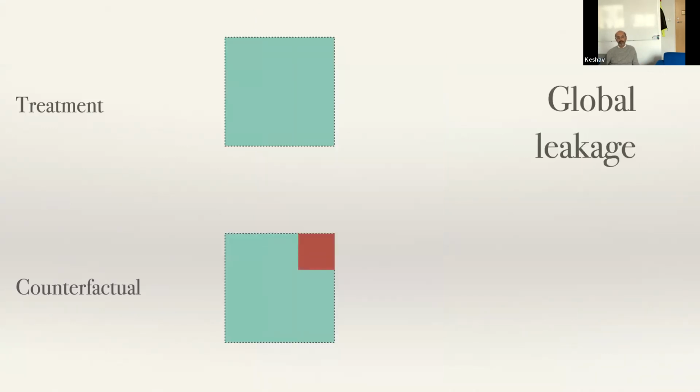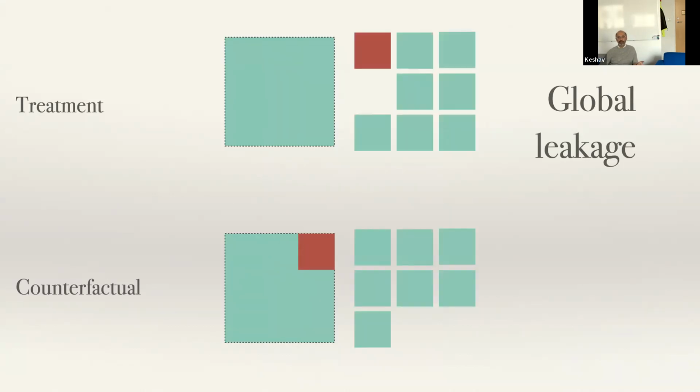And global leakage says, okay, you were fine. The counterfactual had some problems. But what happened is that you pushed your deforestation to somewhere else in the world, right? And because of this, you actually shouldn't get any credit either because you didn't prevent deforestation overall. This is actually pretty hard to measure, and pretty hard to manage, because what we're really saying is that we have to somehow see what happens.